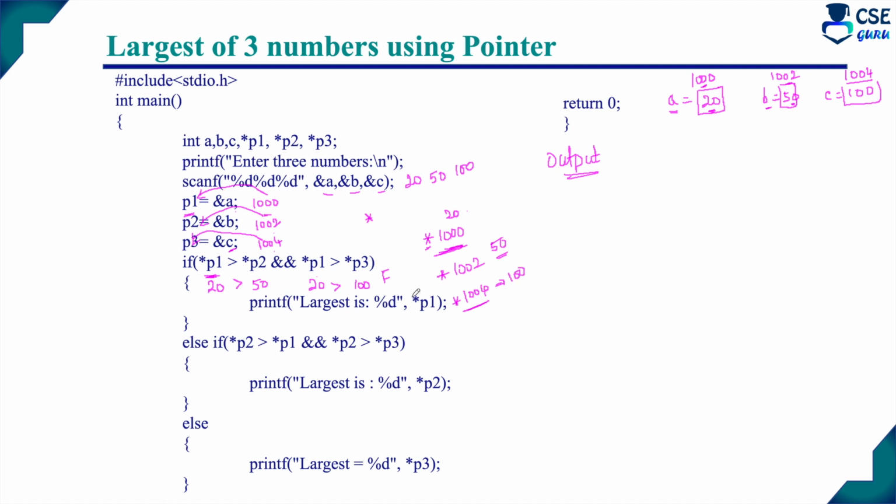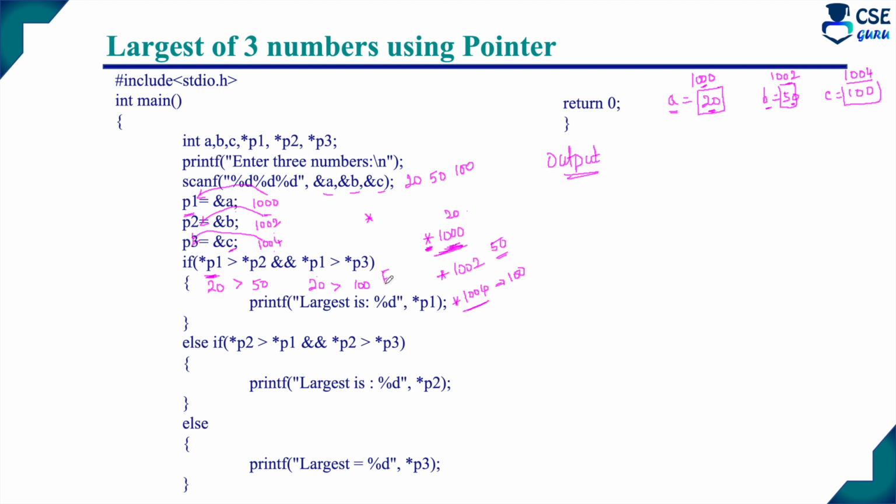It refers to the address stored here. It will not consider this as a value; this will be considered as an address. Wherever you use a pointer variable, it will never store the value, it will store only the address. And if you use the reference variable, it will check what value is stored in that memory location.